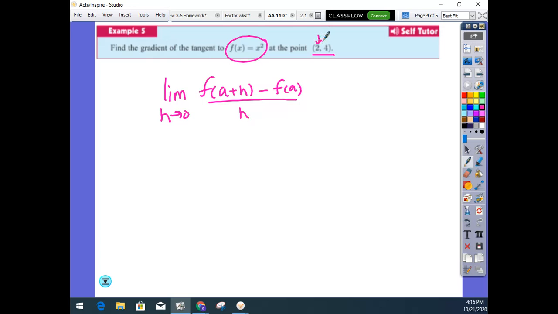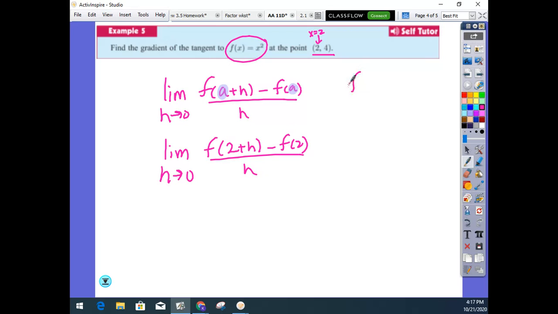Now, this is really helpful. When x equals 2, that means I can replace these values here with 2. I can always plug in my x number right there. So I'm going to find the limit as h approaches 0 of f of 2 plus h minus f of 2 all over h.